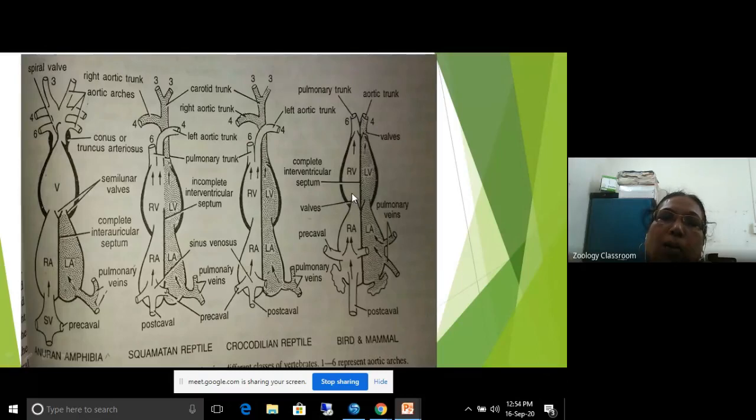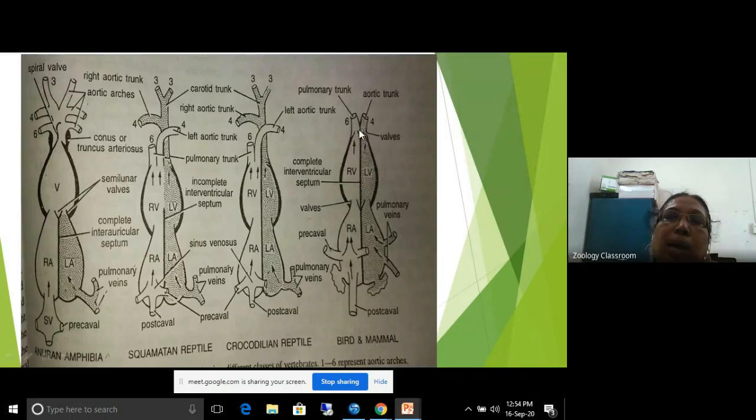The valves are called tricuspid and bicuspid: on the left side bicuspid, and on the right side tricuspid. There is complete separation of ventricle and auricle. In the auricle it is the interauricular septum, and in the ventricle the interventricular septum.